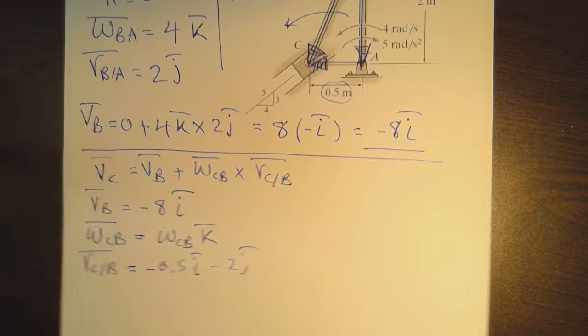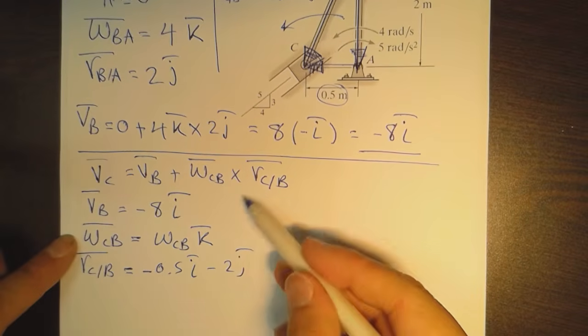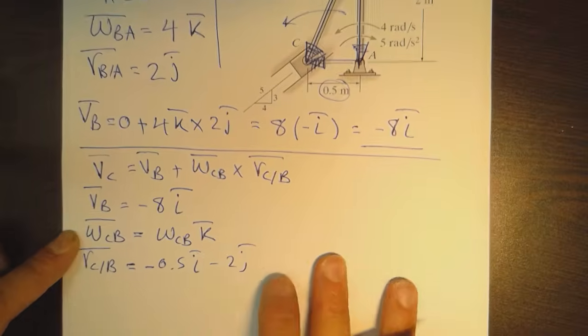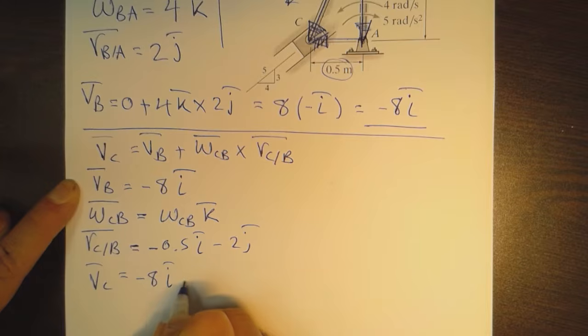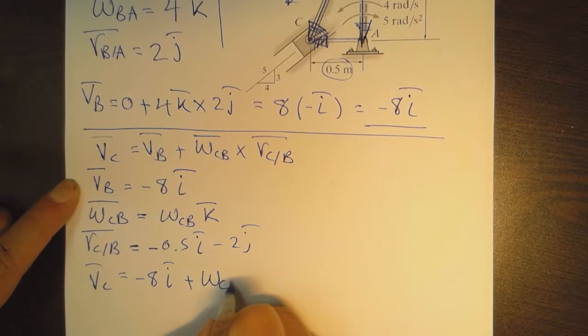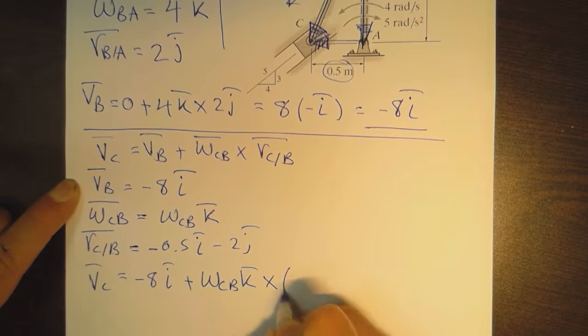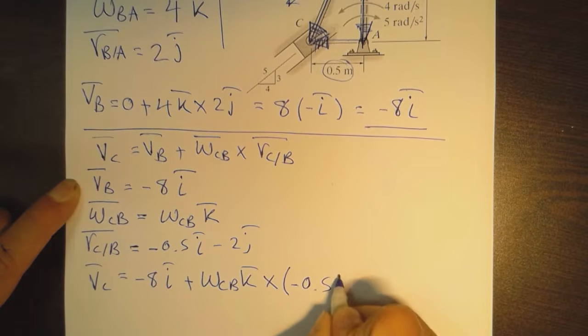We are going to plug all these values into this equation, and we say VC is equal to minus 8i plus omega CB k cross product minus 0.5i minus 2j.